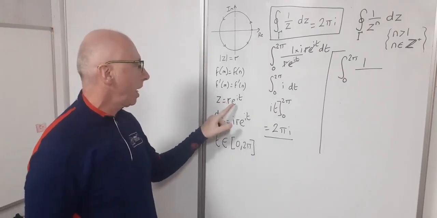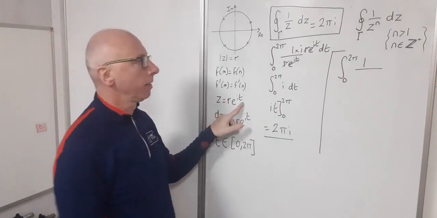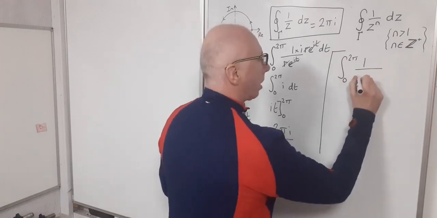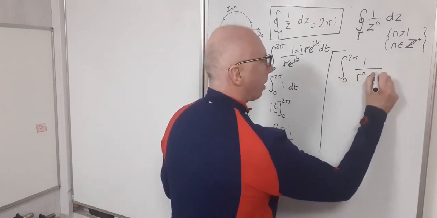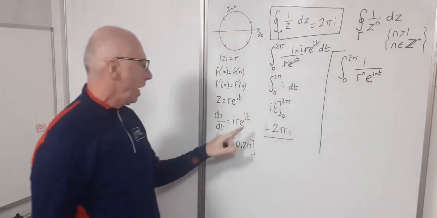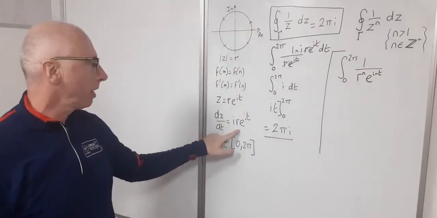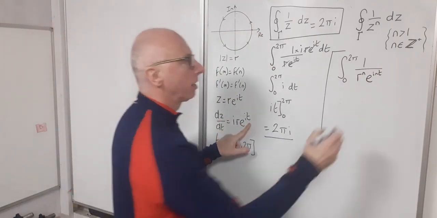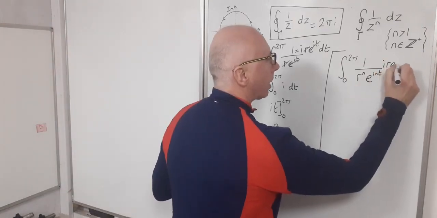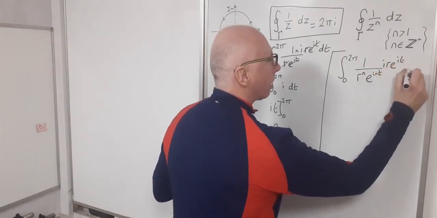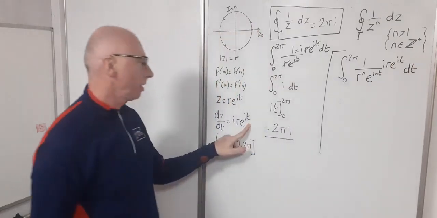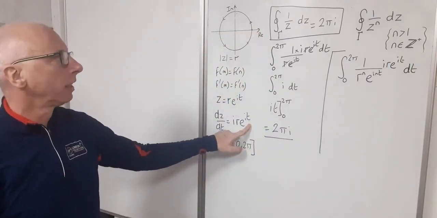So we'll have r to the n, e to the i n t. And our dz dt will be the same: i r e to the i t dt. So that takes care of that.